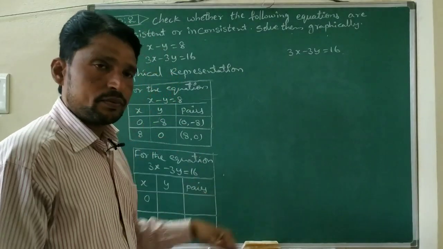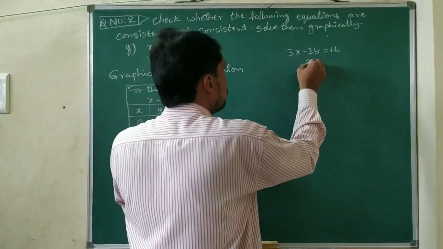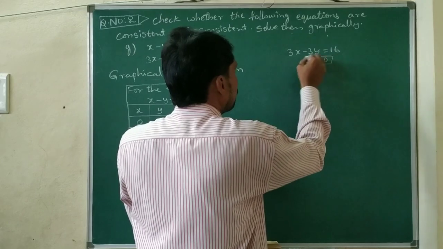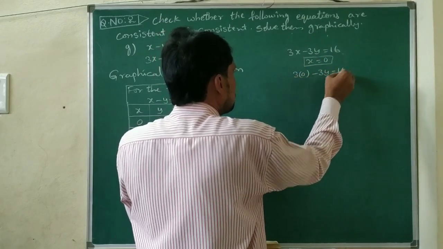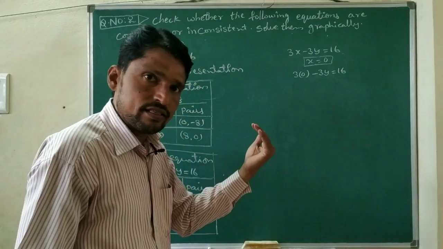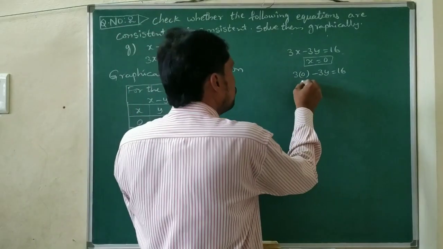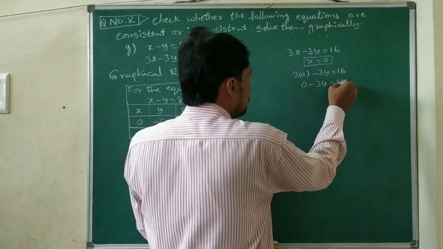First you can assume the x value. So x equal to 0 means 3 into 0 minus 3y equals 16. 3 into 0 is 0, so minus 3y equals 16.